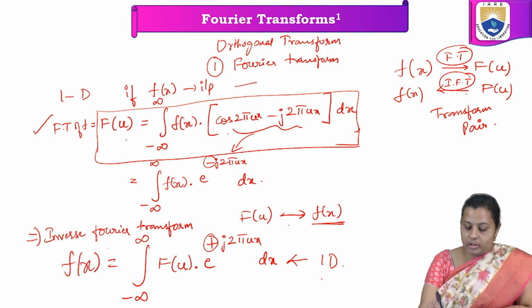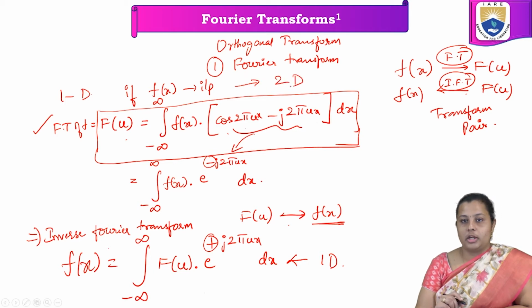If I want to convert this into a 2D function, then how do I do it?